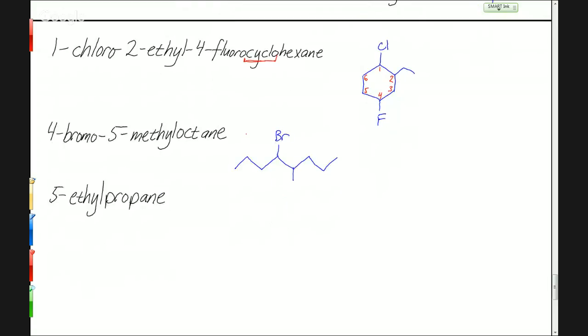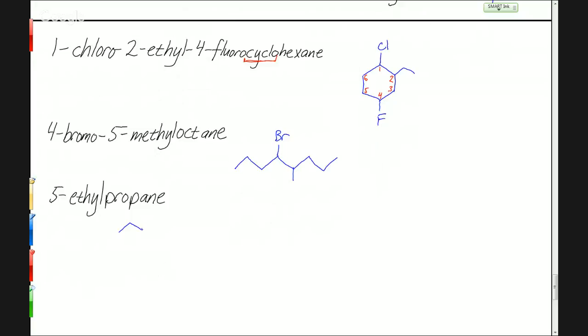And the last one, 5-ethylpropane. There's propane. It's 3. I was just copying what's on the board. I'm not sure where the 5 comes from, because there's not 5 there. So we got our propane, we put our ethyl somewhere.